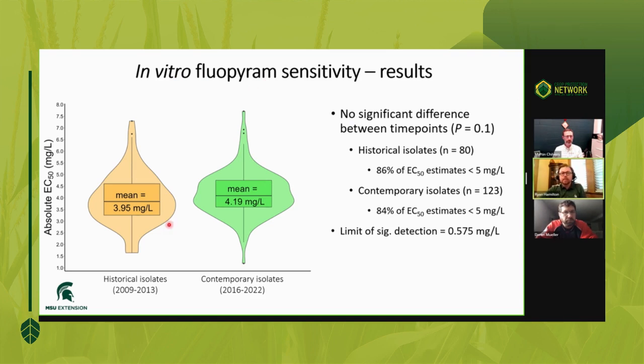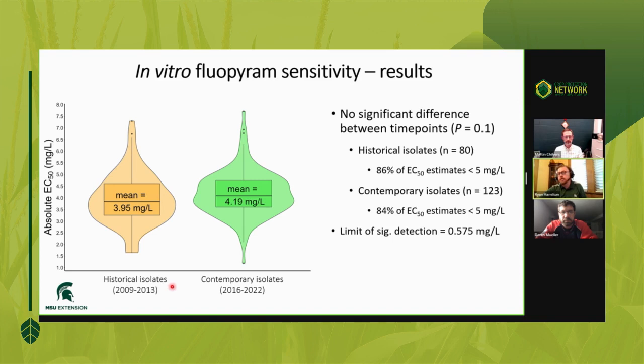It's a very small difference, so 0.24, 0.26-ish milligrams per liter, which is exceedingly small relative to the actual amount of fluopyram that's being applied to each seed. So the story in a nutshell is great. We can continue to use those chemical seed treatments that we have for the time being. The study was conducted about 10 years after the baseline study was conducted.